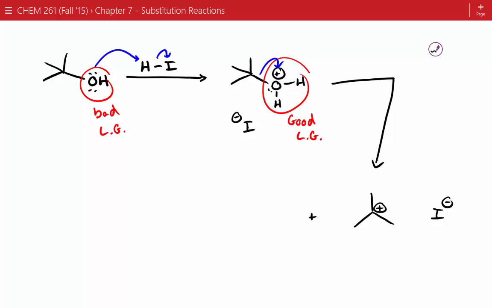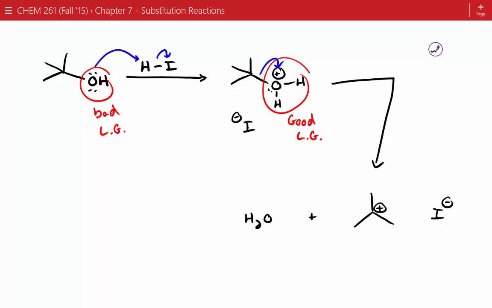And we've got H2O. All right, why doesn't the water just attack back in? It's pretty stable. So is iodide, though. I mean, they're relatively stable nucleophiles. But let's assume we're running this in excess acid. What's the fastest reaction?